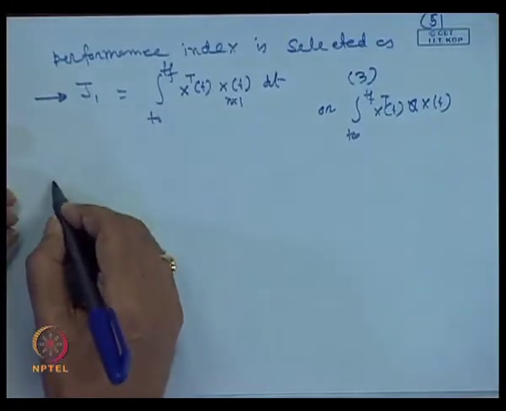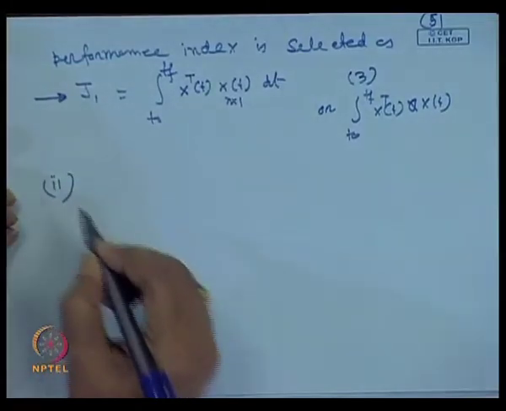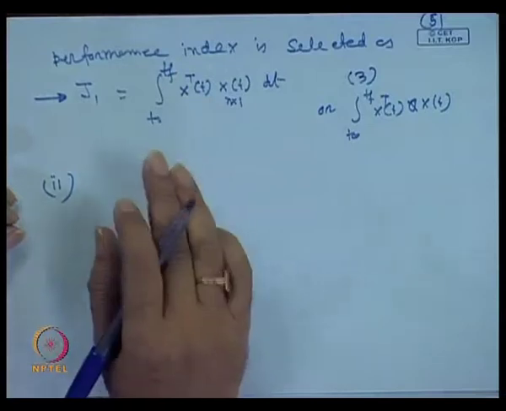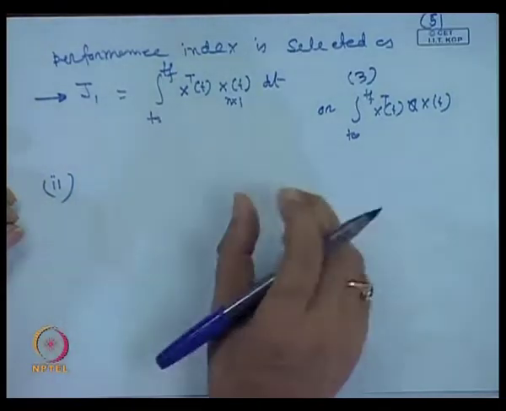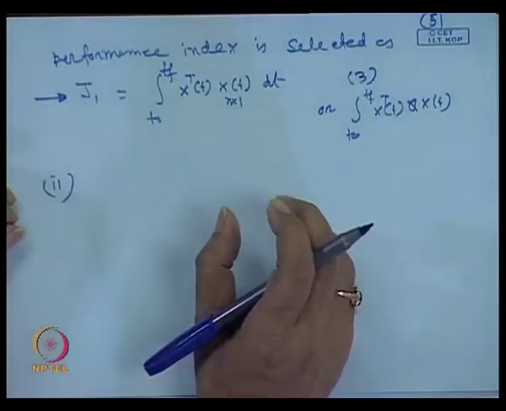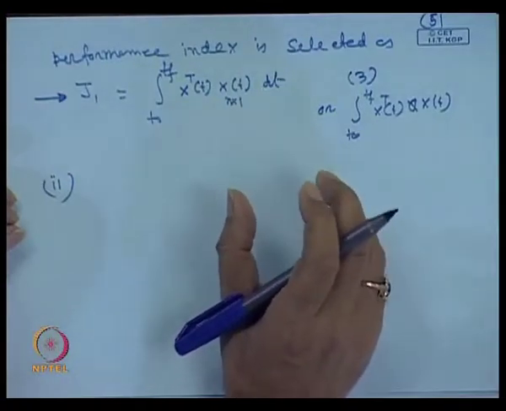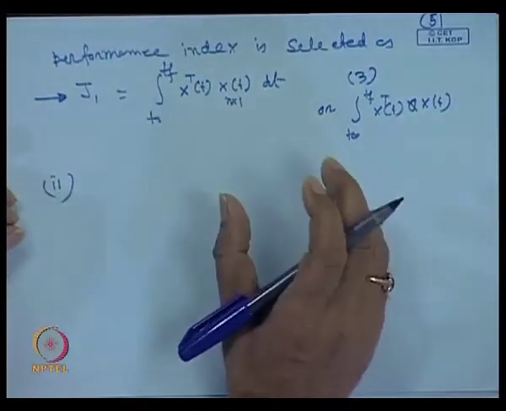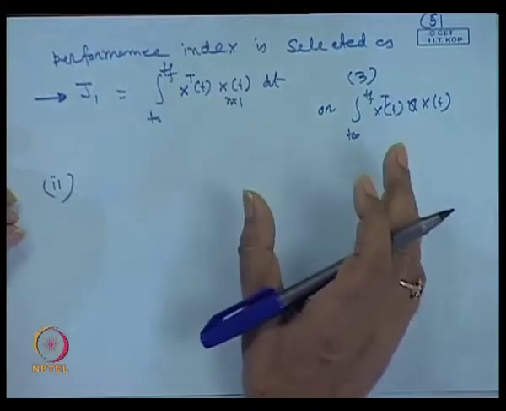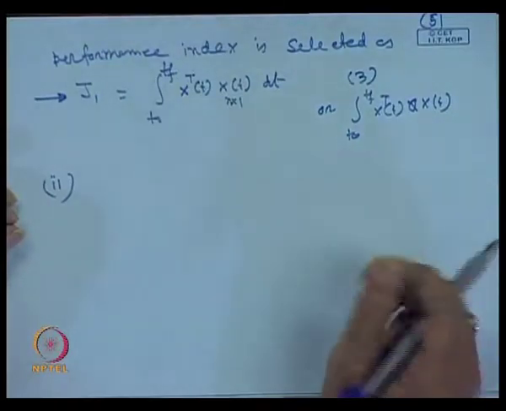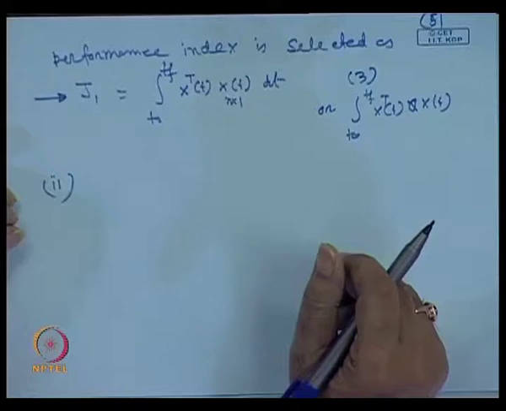Okay. Second performance index: if our motivation is that each component of the control variable, that means u, should not be too large, then what should be the choice of our performance index?